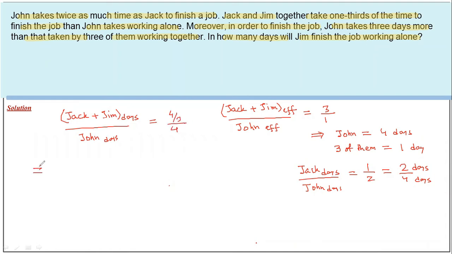So this means that Jim would take 3 by 4 minus half, that is equal to 1 by 4. So number of days taken by Jim would be 4 days.